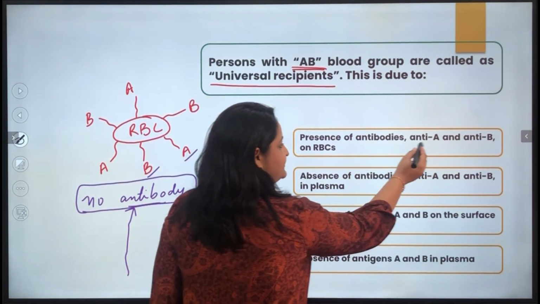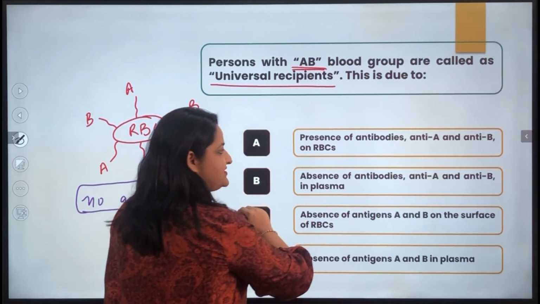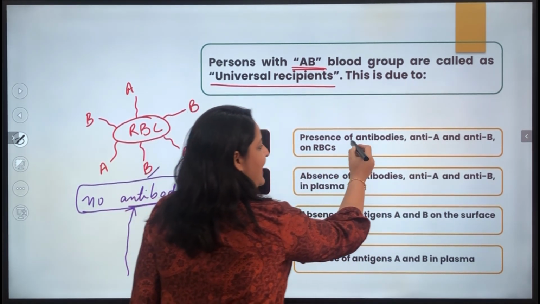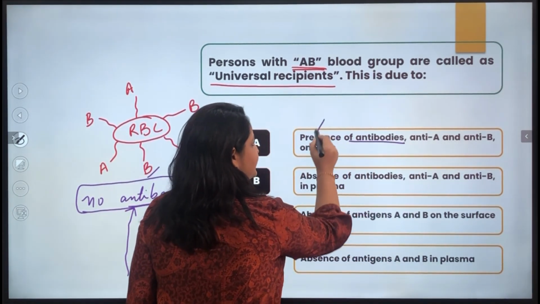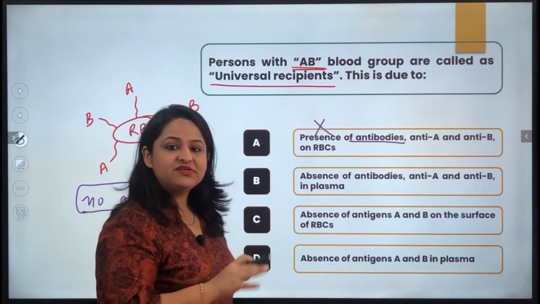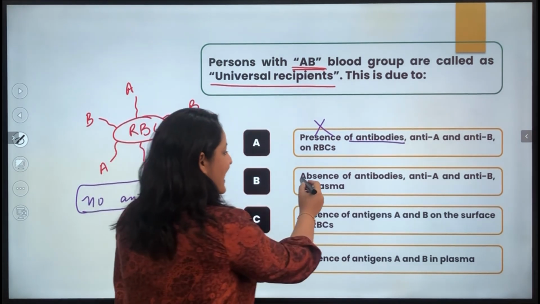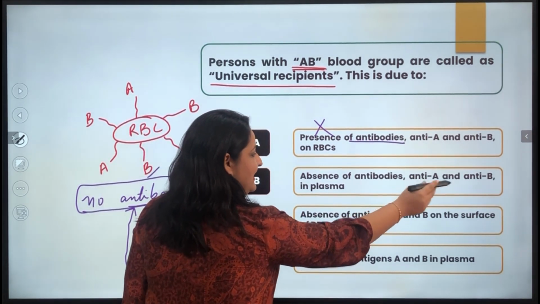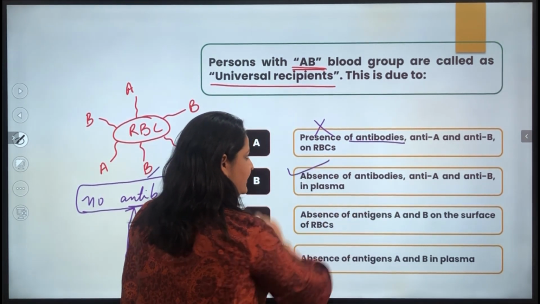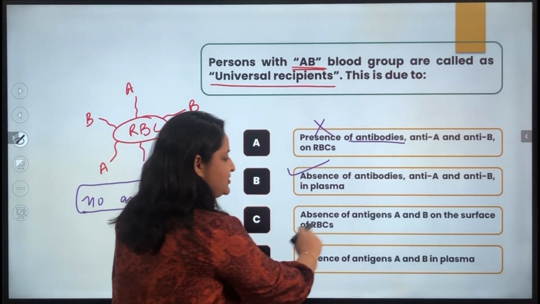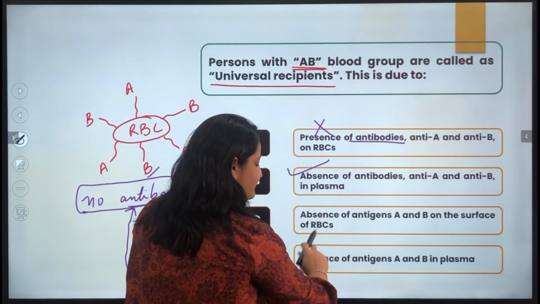Presence of antibodies anti-A and anti-B on RBCs. RBCs do not have antibodies, so obviously this option is wrong. The RBCs have antigens on them. Then absence of antibodies anti-A and anti-B in the plasma. This is the correct option. Then absence of antigens A and B on the surface of RBCs.